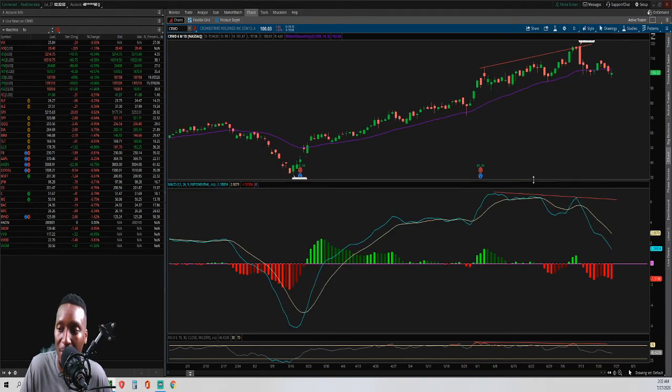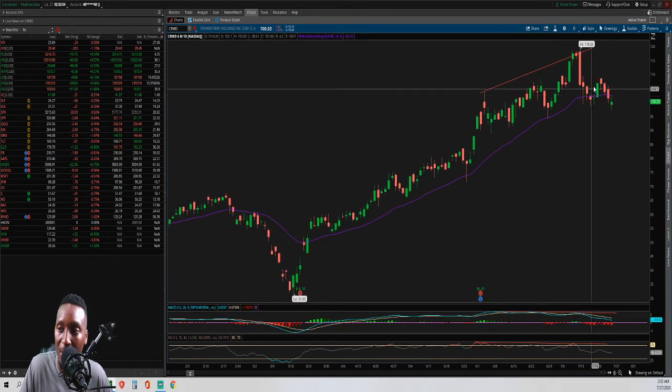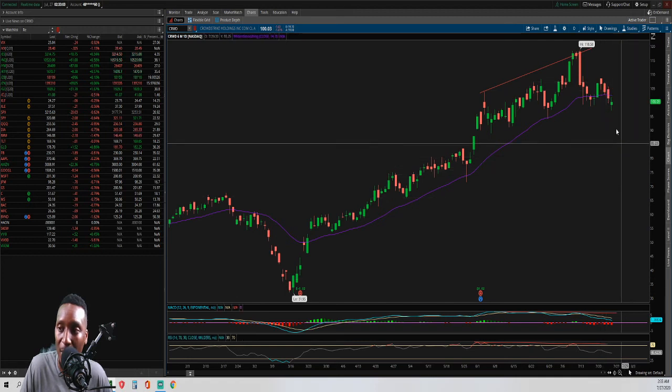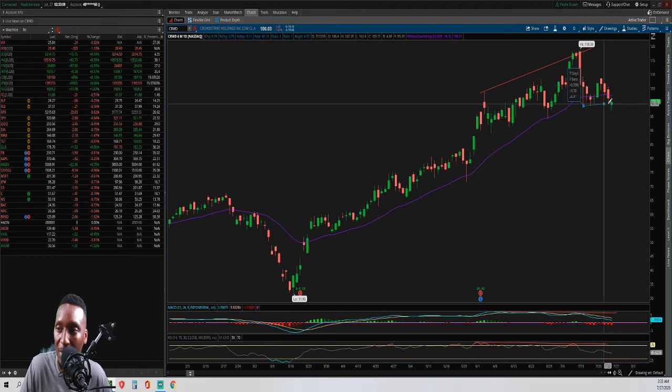I saw the divergence. It came down here, touched the moving average, pulled back, which is basically like a little flag or something like that. Broke this low.